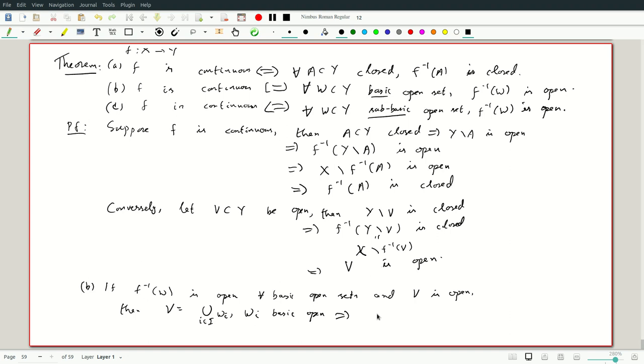So this implies that f inverse of V is f inverse of the union over i in I of Wi. But this is the union over i in I of f inverse of Wi. And now we know that this is open, and the union of open sets is open, so this is open.